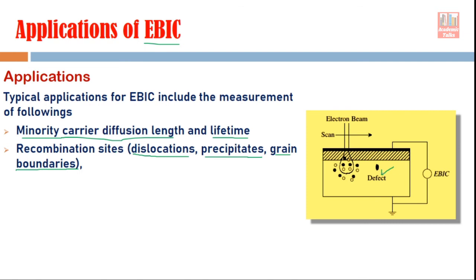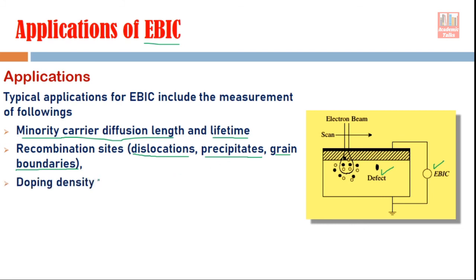If they are present, they will promote the recombination of carriers in that portion, and since the recombination rate will increase there, the current which we are detecting with the help of the outside tool will reduce. So that kind of dip in current is a measure of the recombination sites present in the semiconductor material.